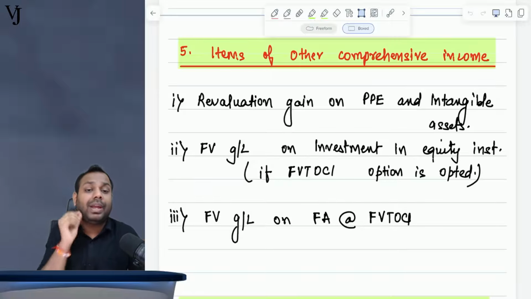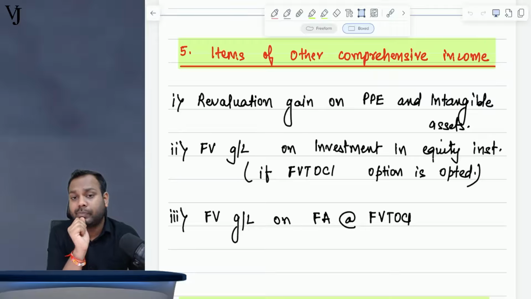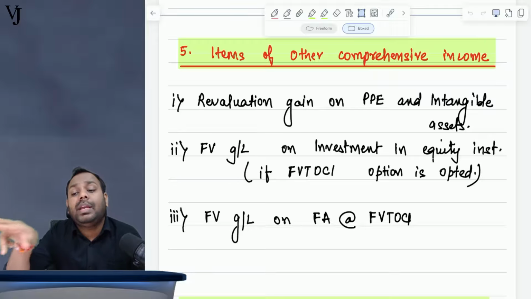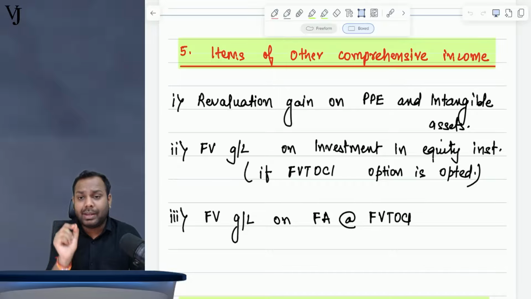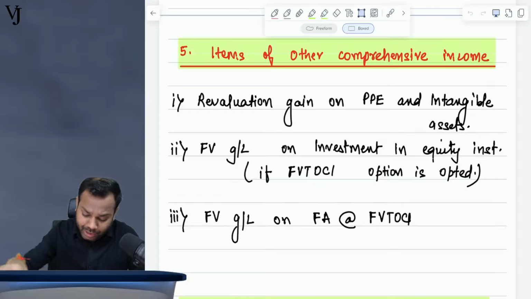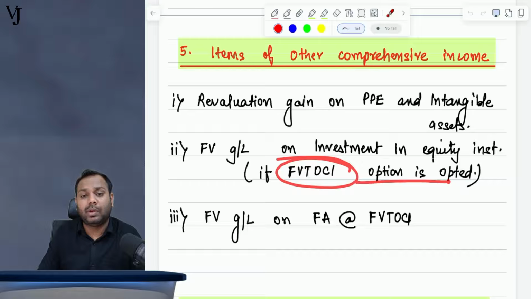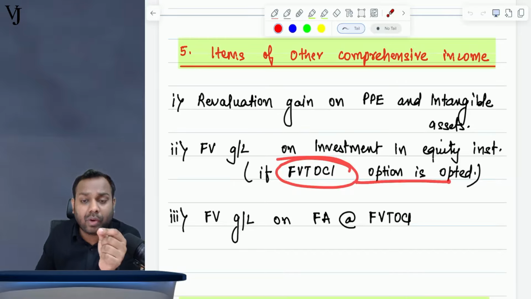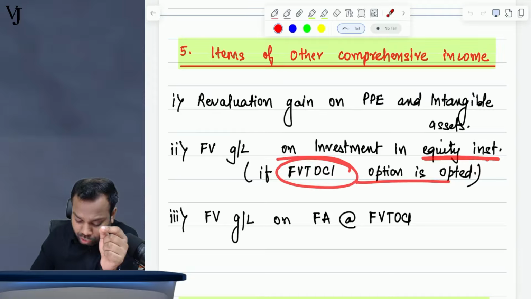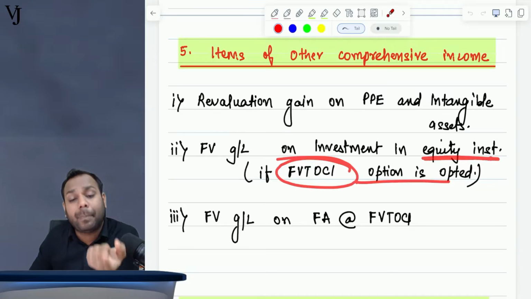Now, fair value gain or loss on investment in equity instruments. If the equity instruments are measured at the FVTOCI option, then the fair value gain or loss will go to other comprehensive income.